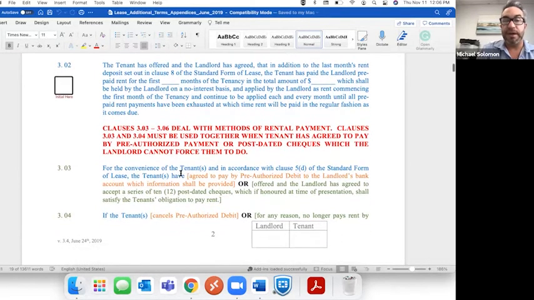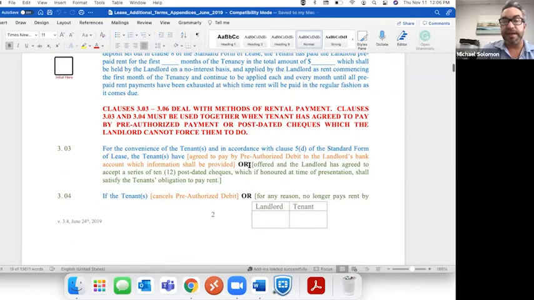And remember how I was talking about where we have the different highlighted sections. So you may offer pre-authorized debit or post-dated checks and things of that nature. So there's different ways that we can set up the payment schedule.